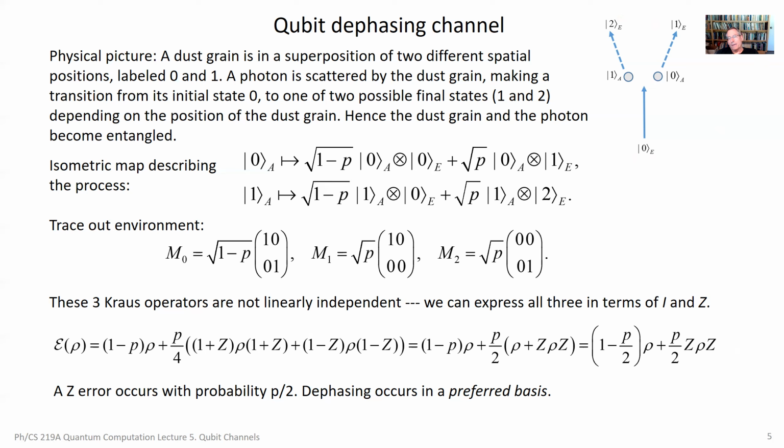Or to say it another way, I can express all of the three cross operators, M0, M1, and M2, as linear combinations of two operators, namely the identity and the Pauli operator Z. Because, well, M0 is the identity, but also the identity plus Z is the matrix 2, 0, 0, 0.